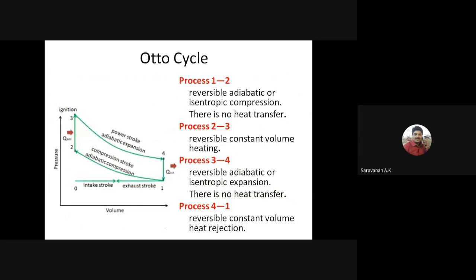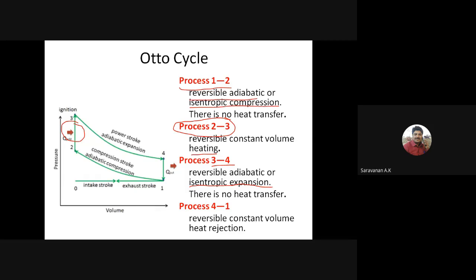So this is the Otto cycle, and here we consider four processes. The processes are the same in all the cycles: Otto cycle, diesel cycle, and dual combustion cycle. 1 to 2 is an adiabatic, or isentropic, compression process. Then 2 to 3, for the Otto cycle, heat is added at constant volume, and 3 to 4 is an adiabatic expansion.